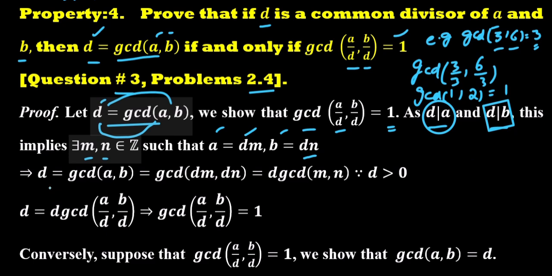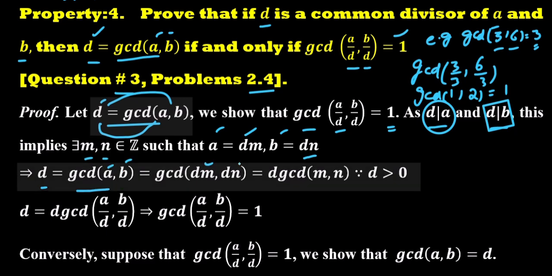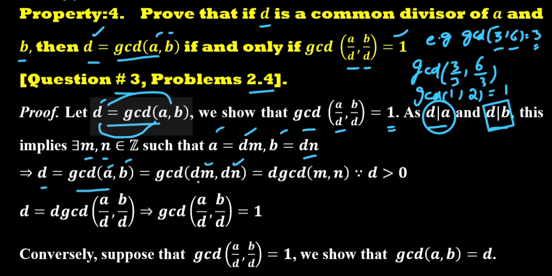Now consider again D is equal to GCD of A, B and substitute the values of A and B here. A is equal to D times m and B is equal to D times n. As D is a positive integer, by using theorem 2.7 or property number 3, we can take D common from here and we can write it as D is equal to D times GCD of m, n.